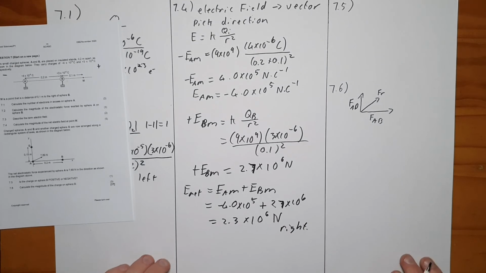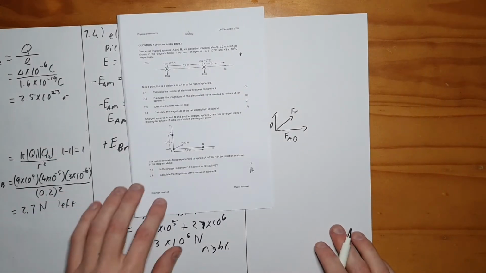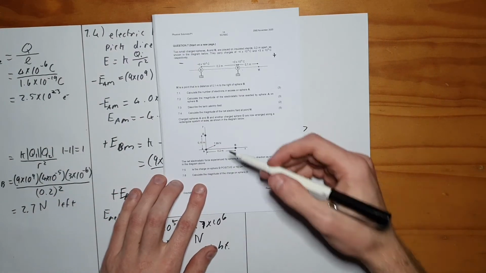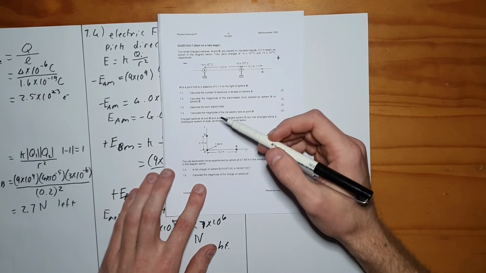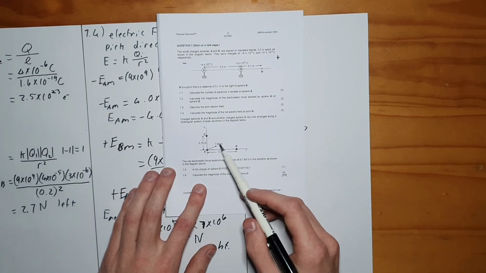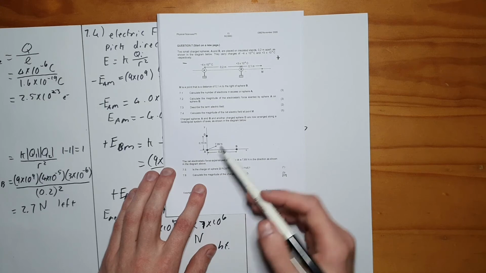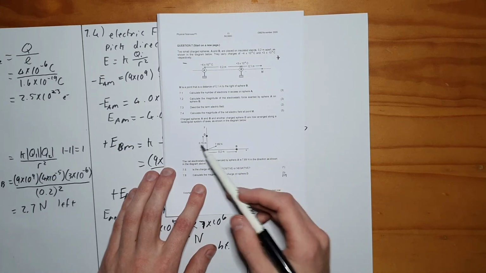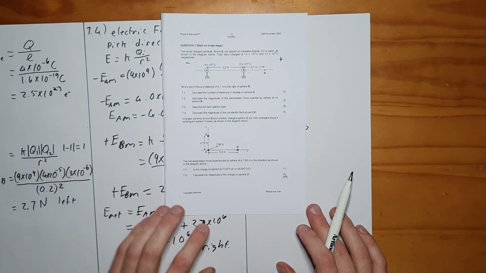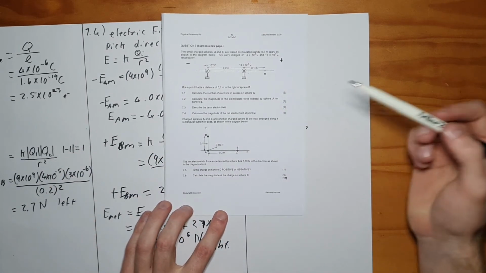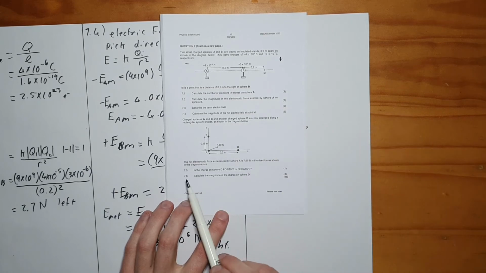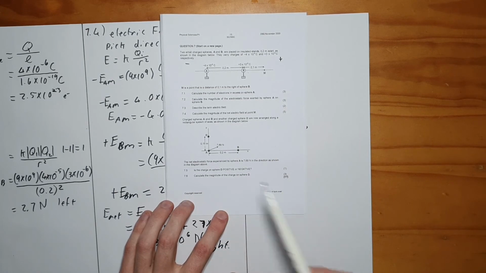Okay, moving on to 7.5. Now what's happened is we've introduced another charge D above A, and they've given us the resultant force due to putting this in, and they've given us the distance. There's a few ways we can go about doing the following questions. I'm going to show you the simplest way, but let's look at 7.5. It says, is the charge on D positive or negative?